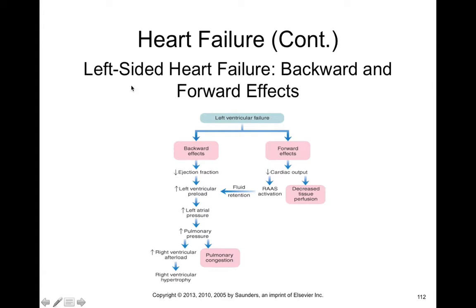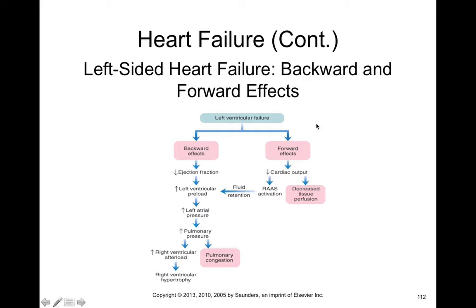So in terms of left-sided heart failure, what this flowchart shows are the backwards and forwards effects of left-sided heart failure. Now, this one's just saying specifically left ventricular failure, but we'll just generalize and call this left-sided heart failure, which would include the left atrium and left ventricle.